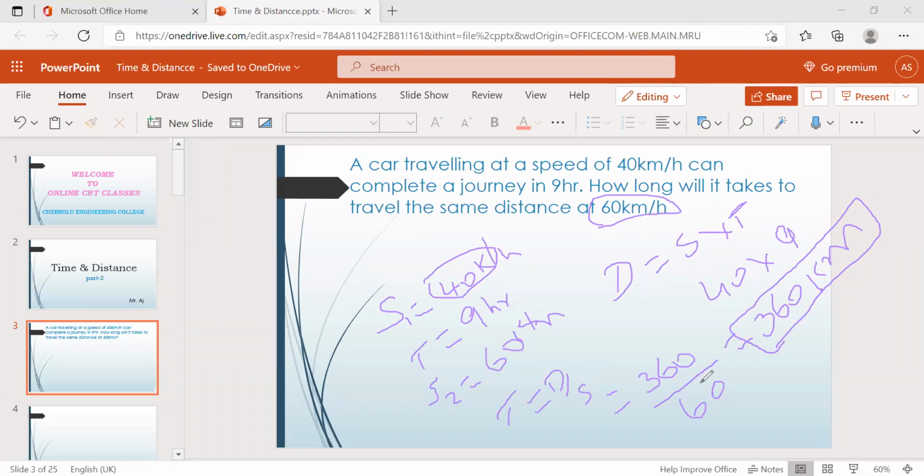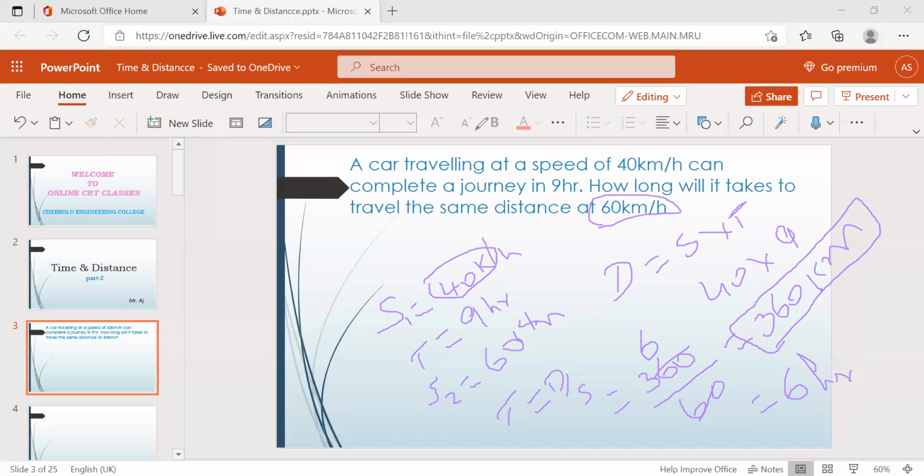So it's 6. How many hours? 6 hours he will take to reach the same distance. Is it clear?